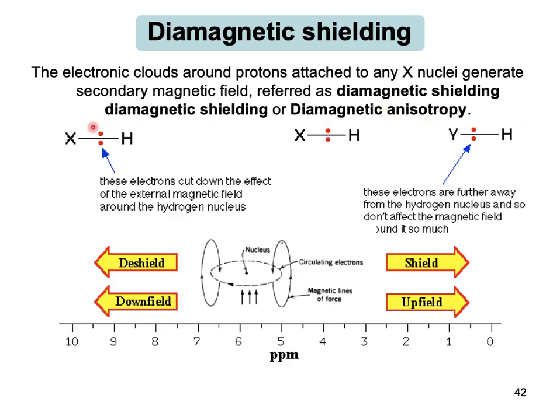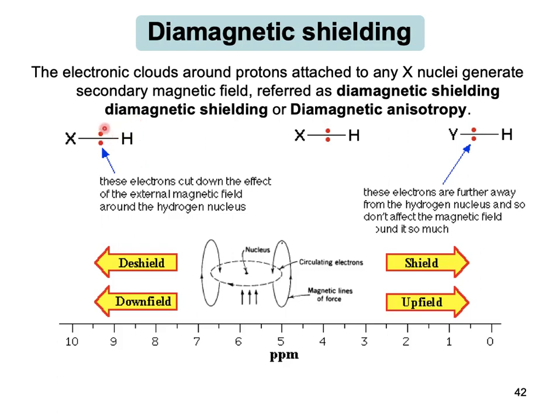These are the electrons shared by this X and H. If this one is more electronegative, it will withdraw the electron from the proton. As a result, the nuclei of the proton will no more be shielded with this electron. That's why it will appear at de-shielded region.